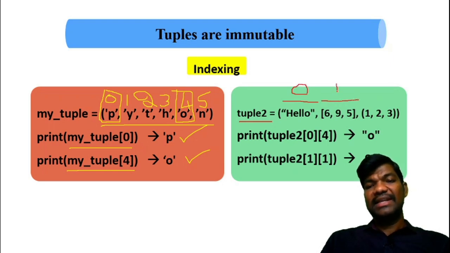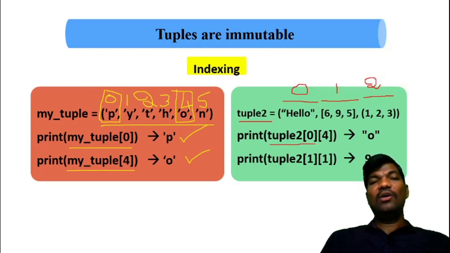This is first index, this is second index, right? Tuple 2 of 0. So which one is selected? This one is selected, right? Now of 4. So in this hello, this is 0, 1, 2, 3, 4. So 4 is selected. So 4 is go.